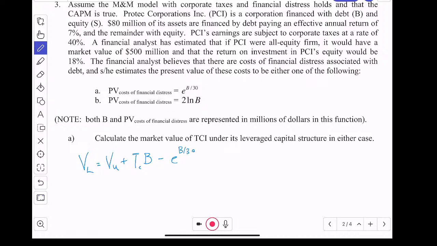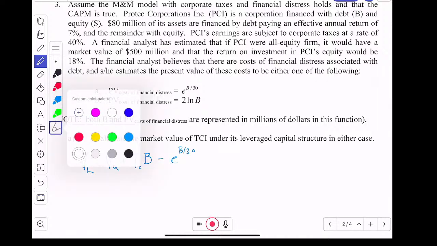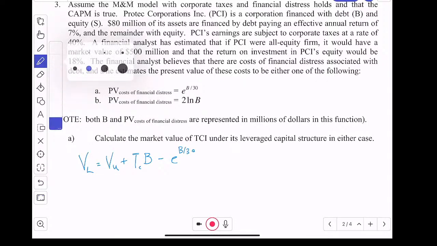So let's look at the information, see what we have here. We're told that the value of the unlevered firm if it was all equity, it would have a value of 500 million. So that would be 500 million. And then what's TC?